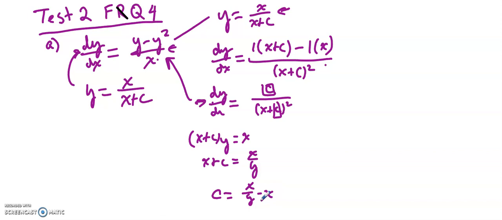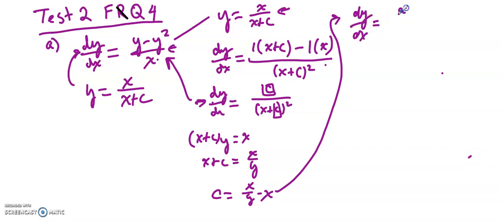So now I can replace all these c's with this expression, x over y minus x. Coming back up here, I would get dy over dx equals xy minus x over x plus x over y minus x, squared.